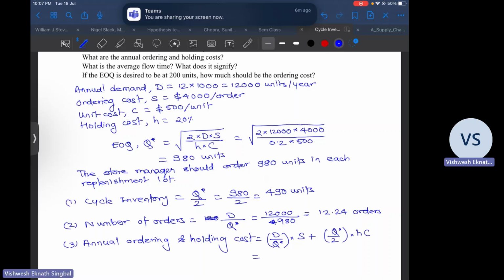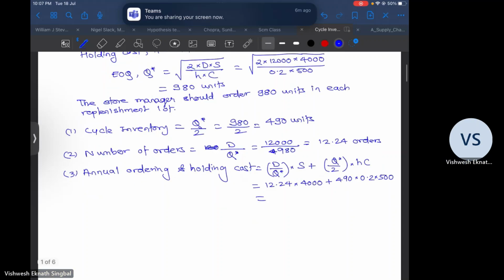This we know from the second part to be 12.24 into 4,000 plus the average inventory, which we also know is 490, into 0.2 into 500. This will come to around $97,980.